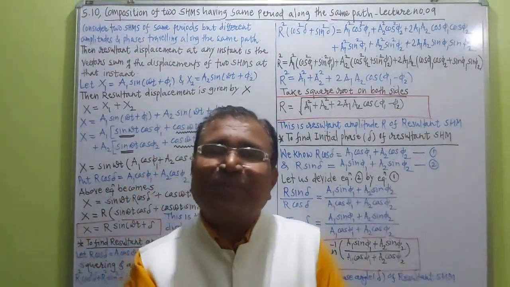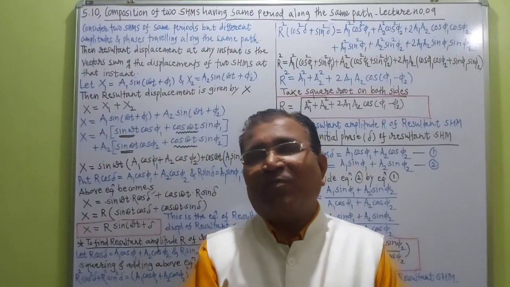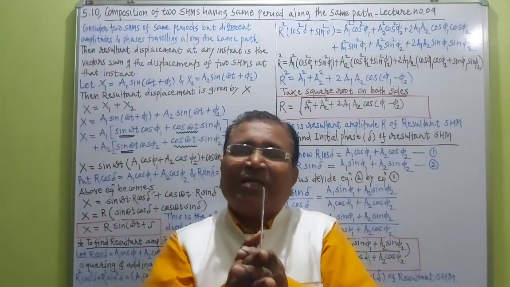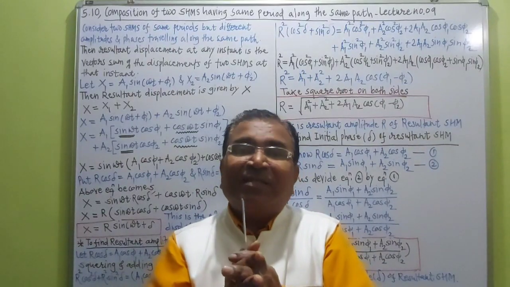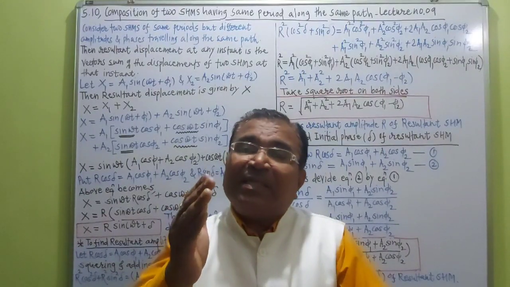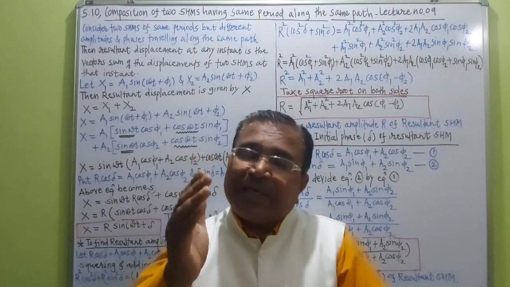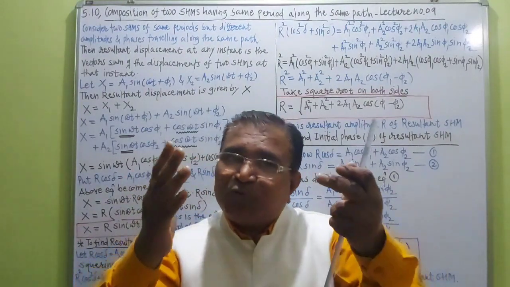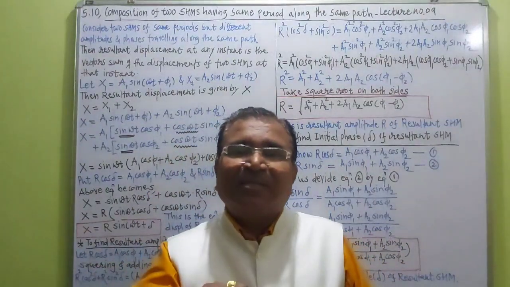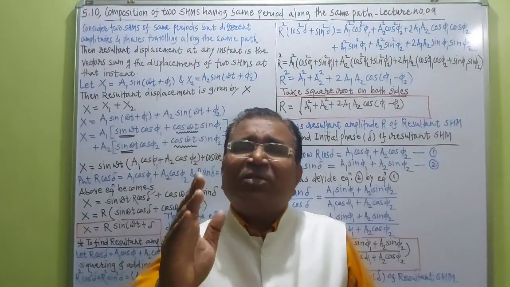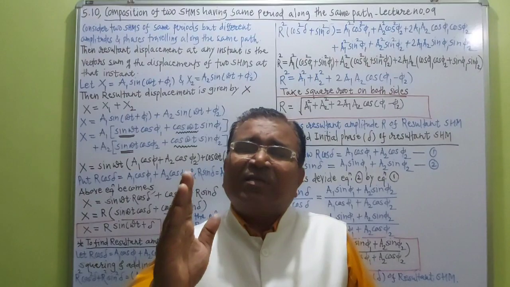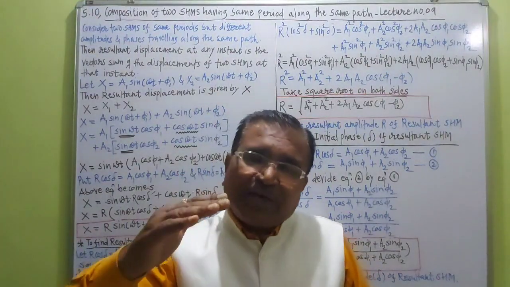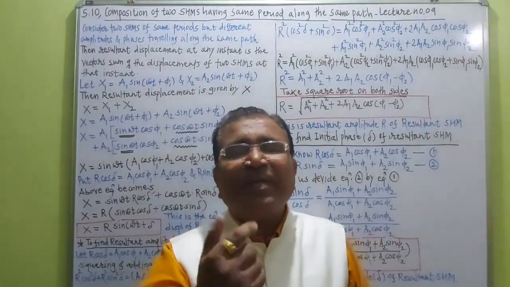What is the principle of superposition of waves? When two SHMs are combined, interfere, or superimpose with each other, then the resultant displacement at any instant is the vector sum of the displacements of the two waves at that instant. Vector sum, because if the displacements of two SHMs are along the same direction, there will be addition.